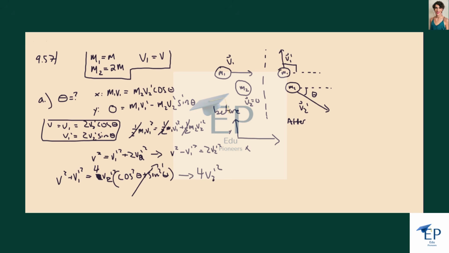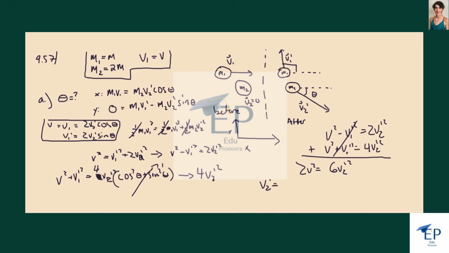Okay, now we have v squared minus v1 prime squared equals 2 v2 prime squared. We also have v squared plus v1 prime squared equals 4 v2 prime squared. So now we add these equations. These will cancel. 2v squared equals 6 v2 prime squared. Awesome. From this, we see that v2 prime equals v over root 3.